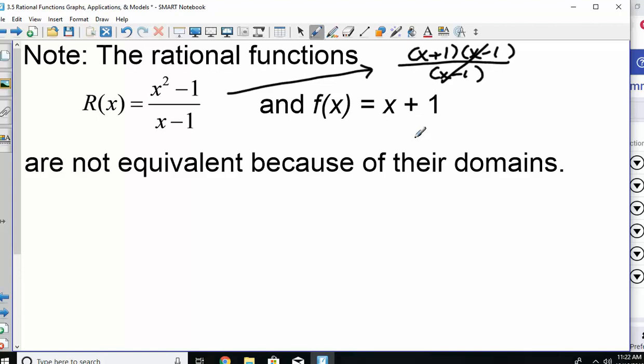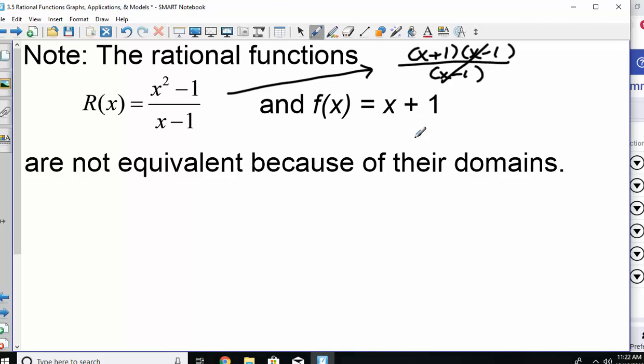Because the domain of this function is everything except 1. The domain of this function is negative infinity to positive infinity. For functions to be equal, they have to be equivalent and have the same domains. In terms of the graphs of these things, they are going to look different. Now, I will tell you, your calculator is going to be misleading because your calculator reduces before it graphs.